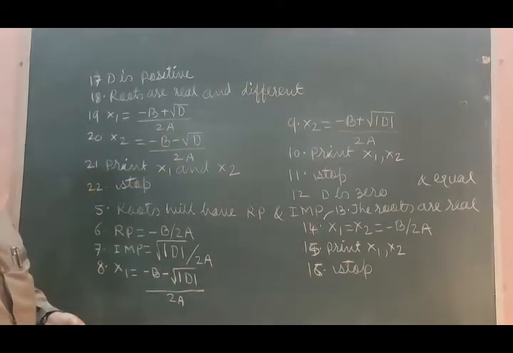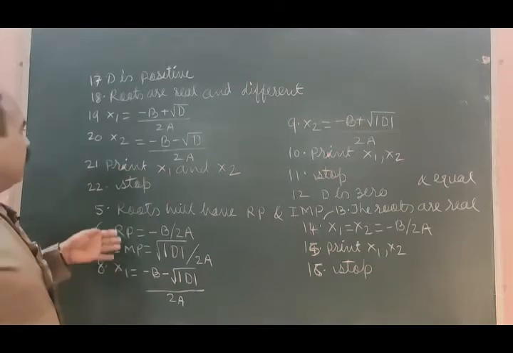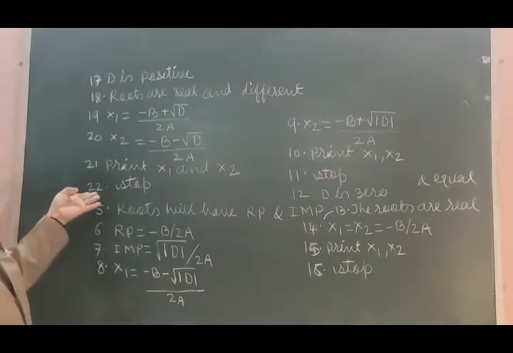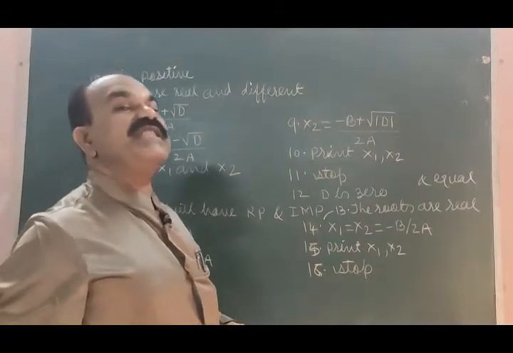For completing this algorithm for the quadratic equation, here we needed 22 steps.